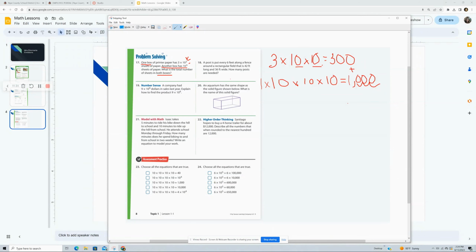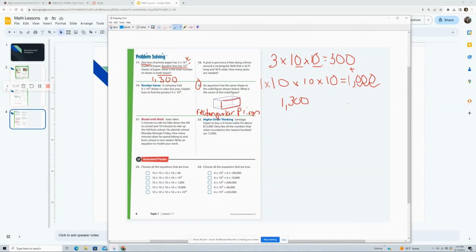Anything multiplied by 1 is itself. So this could be a good tool for you to use so you don't make the same mistake that I did. So now we have 1,000 plus 300 is 1,300 sheets of paper.